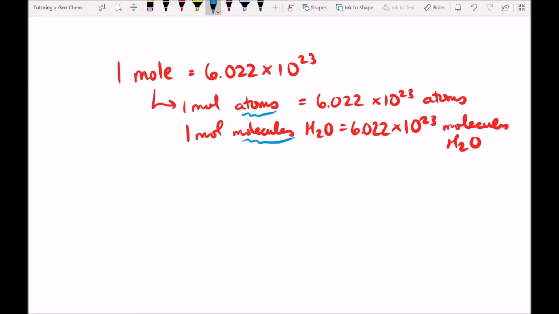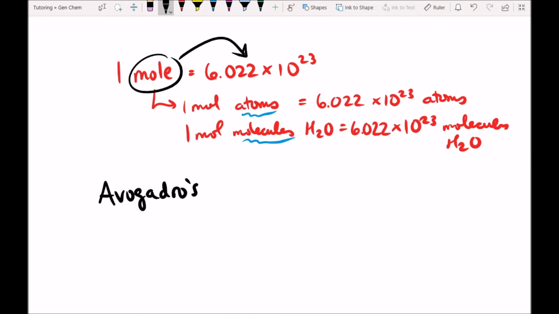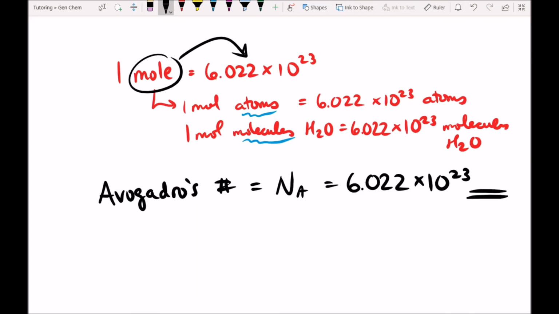Atoms, molecules, are not what make a mole. What makes a mole is this number. And this number is a special number. It's called Avogadro's number, represented by N subscript A. And Avogadro's number is 6.022 times 10 to the 23rd. It doesn't have any units. It's a number.